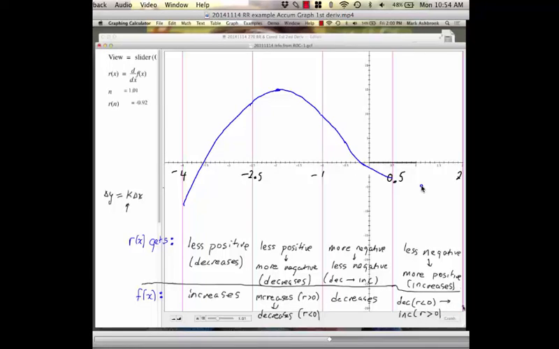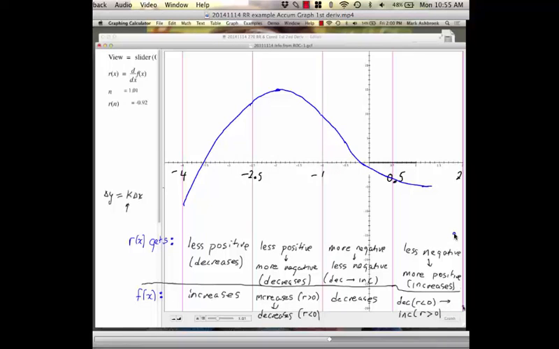Okay, and then what happens? That continues into this. Until what? Until the rate of change becomes positive and the function begins to increase. So at that transition point, we have another pause.